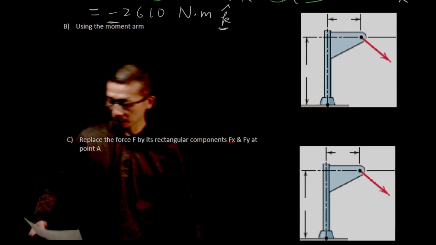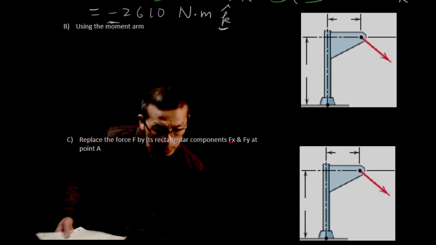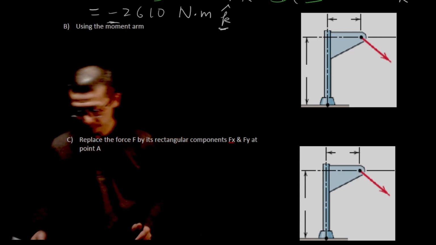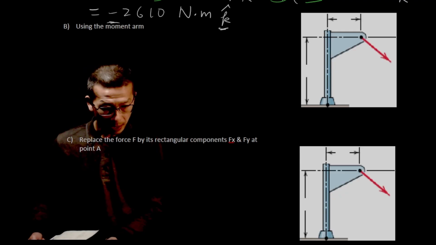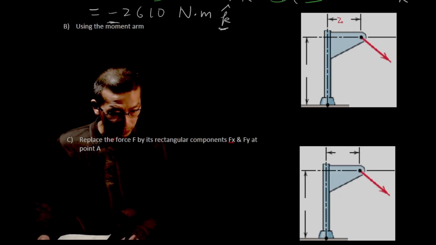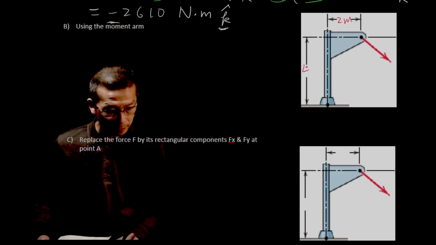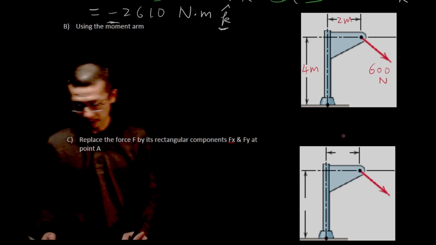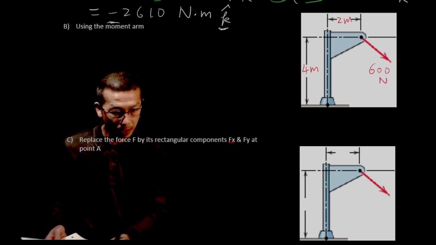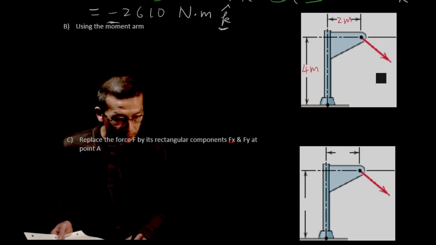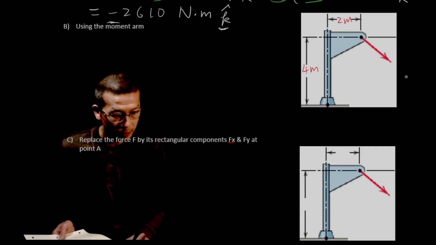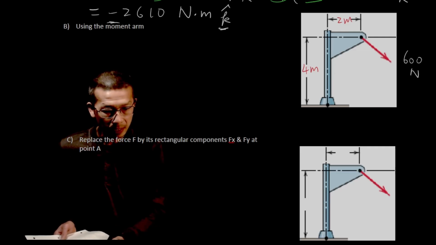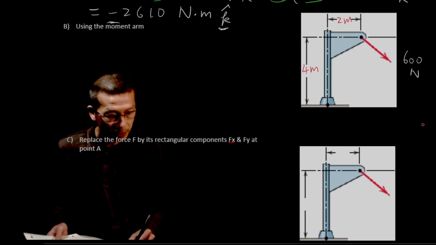Second way, using the moment arm method. So again, let's write it out. This is 2 meter. This is 4 meter. This is 600 Newton. And the moment arm, let me do that somewhere else, because I need to draw the moment arm.